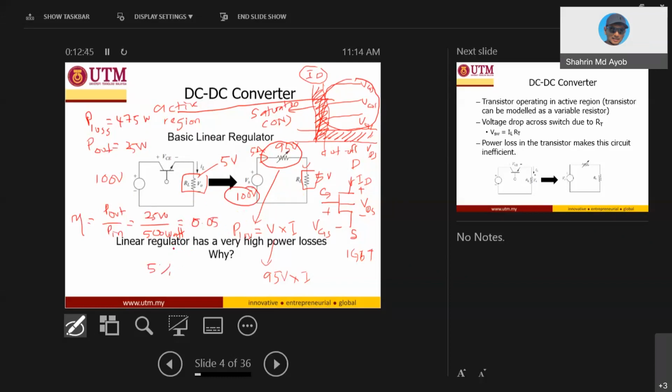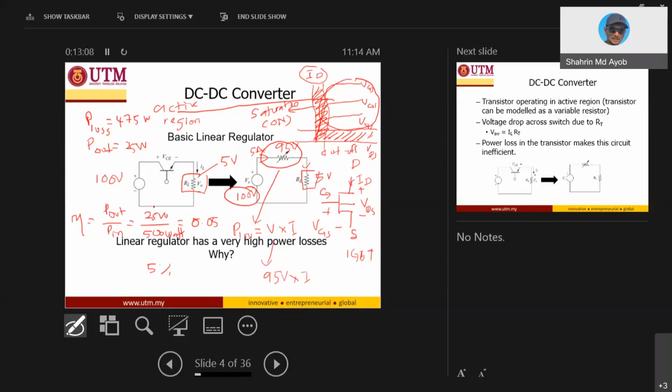So very low. We don't want this because right now we know that our energy sources are depleting, like the fossil fuel and so on. So we actually want to use the energy as efficiently as possible. We want to minimize all the losses.